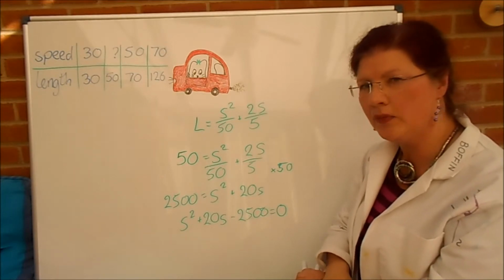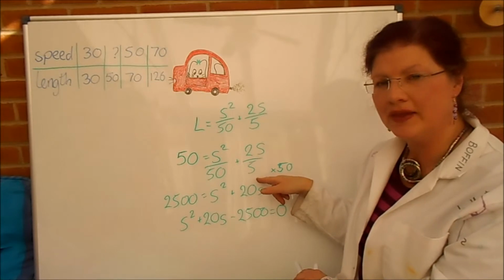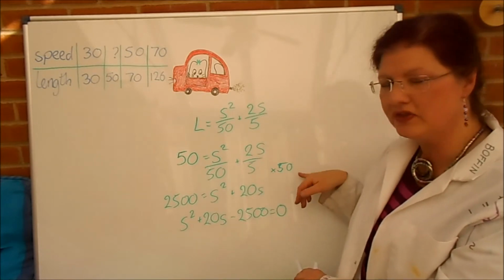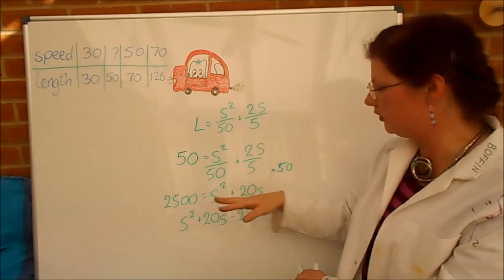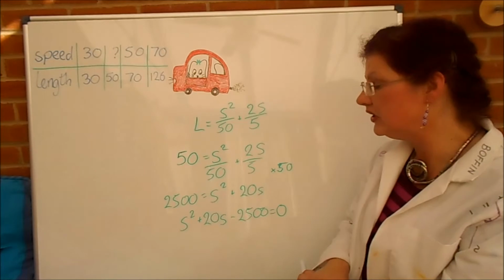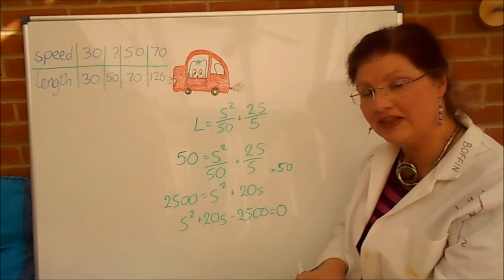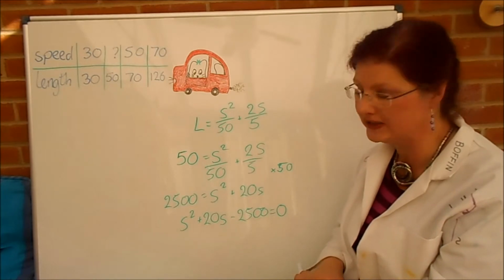There, hopefully that was fairly straightforward. Because we've got fractions, we multiply through by whatever's on the bottom of the fraction, which is that really ugly looking 50, and we get s squared plus 20s minus 2500 equals 0 for our quadratic.